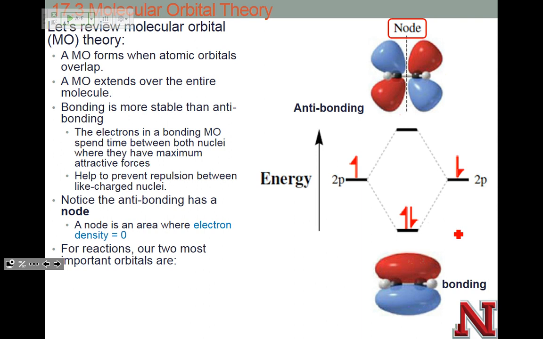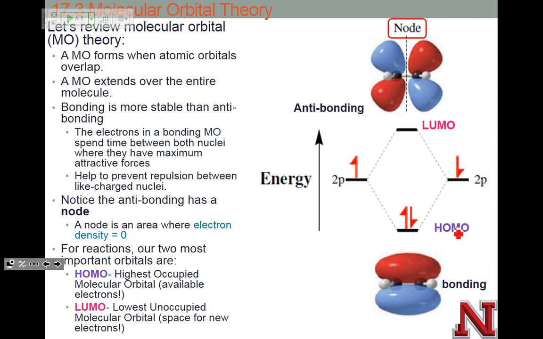So for reactions, our two most important orbitals are going to be our HOMO, which is our highest occupied molecular orbital, and our LUMO, which is our lowest unoccupied molecular orbital. If our pi bond is acting as a base or a nucleophile that's giving up its electrons, which orbital are those electrons going to come from?